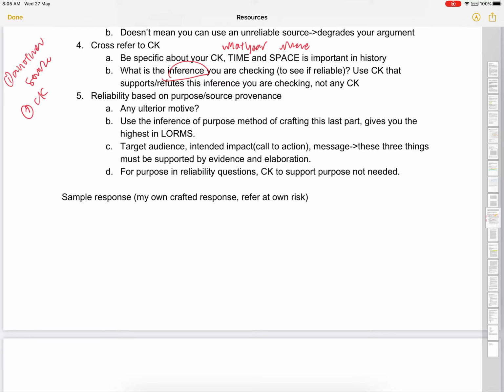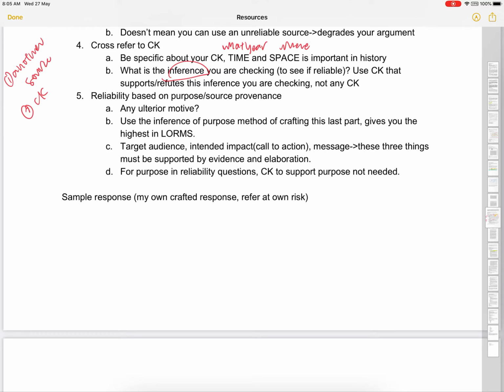You have to make sure that it's specific and you know exactly what you're going to do. You don't pluck things out from nowhere, and you also don't use random CK that does not support your argument, because you won't be awarded for it.